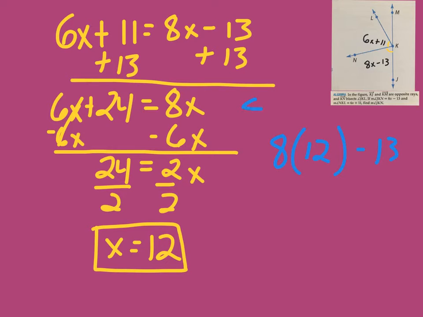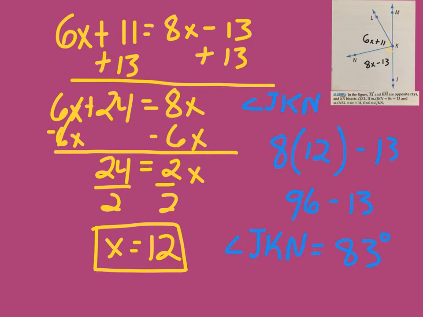This is angle JKN. 8 times 12 gives me 96. And then you're going to minus 13. 96 minus 13 is 83. So angle JKN is equal to 83 degrees.